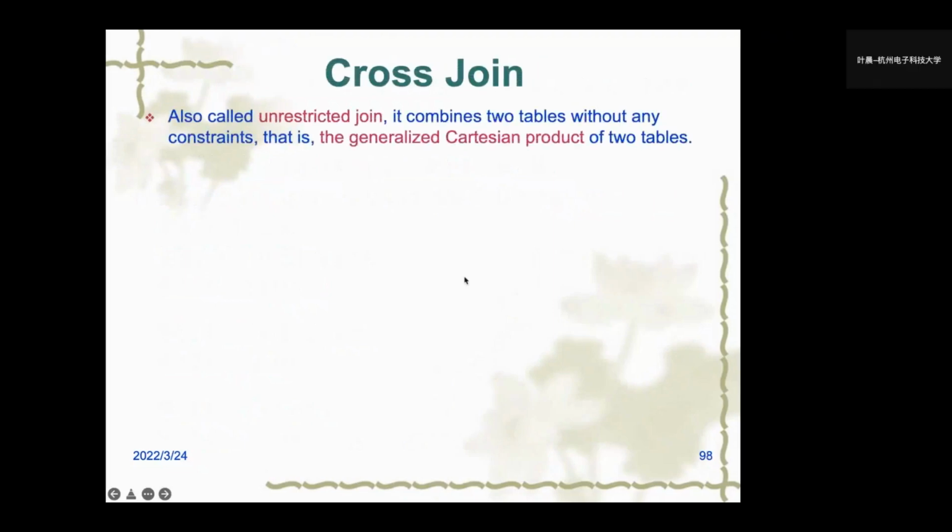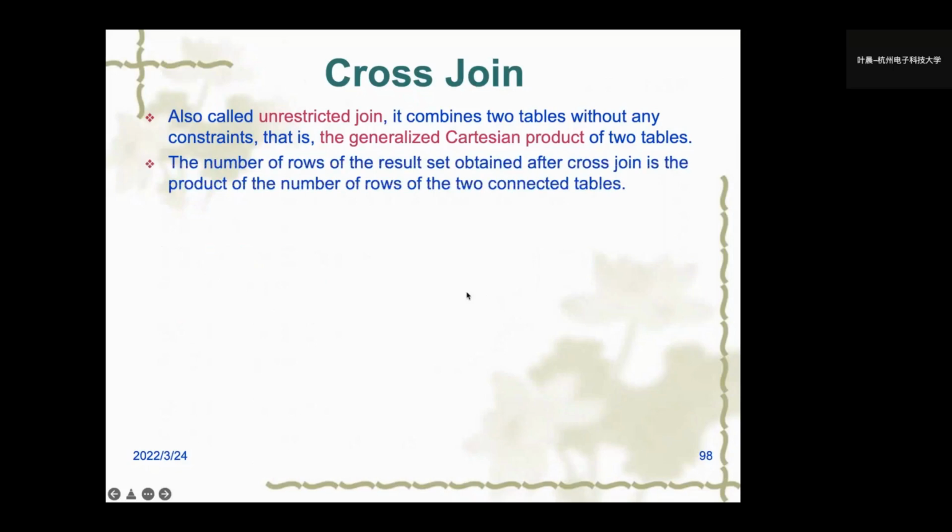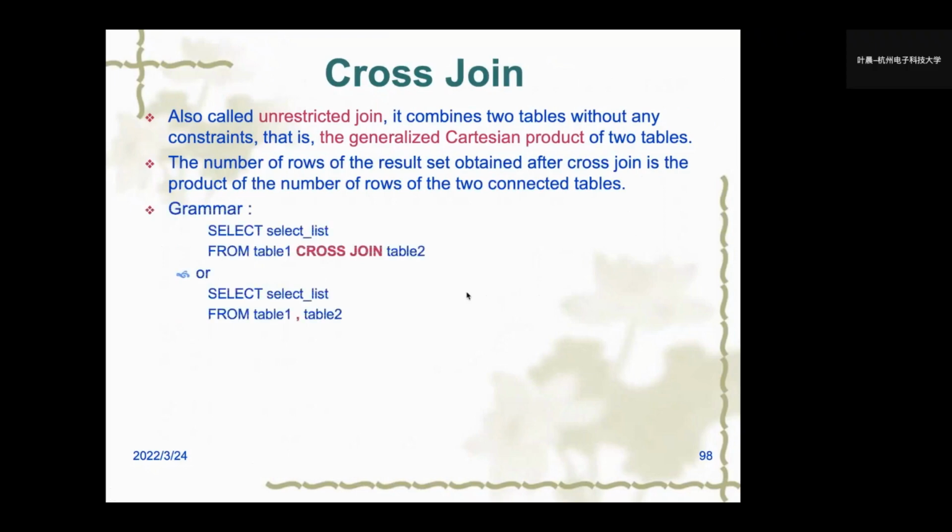And the cross join, we also call the unrestricted join. It combines two tables without any constraints. That is the generalized Cartesian product of two tables. The number of rows of the result obtained after cross join is the product of the number of rows of the two connected tables.